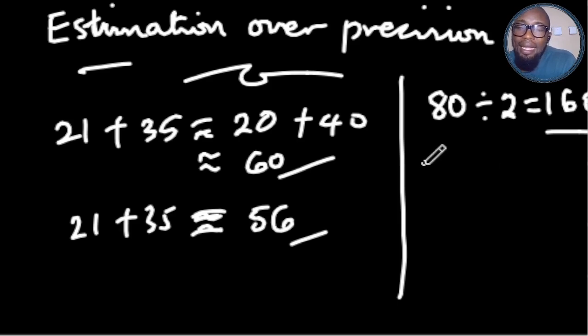But if you are doing first level estimation, if you give me 80 divided by 2, for goodness sake, I know that if I'm doing division, the answer must be less than this. The quotient cannot be greater than the dividend.